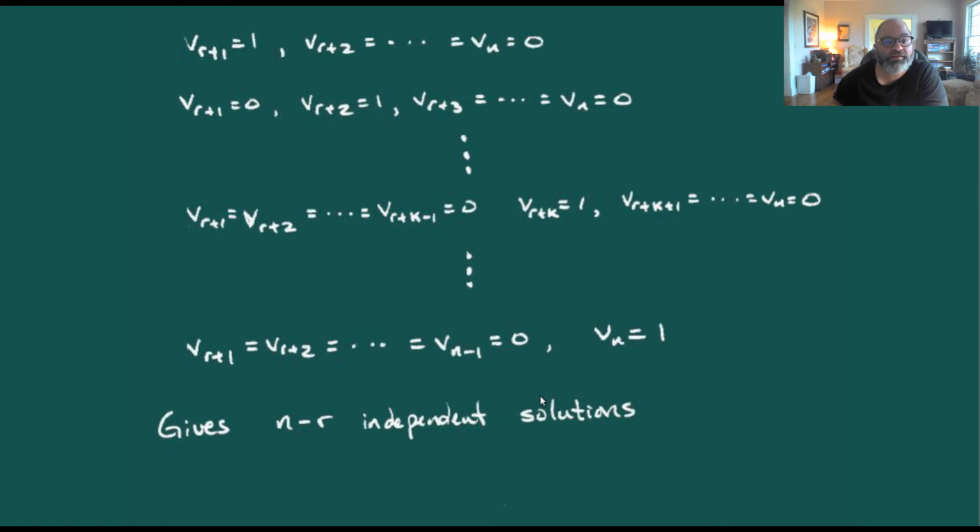If we take v sub r plus 1 being 1 and everything else 0, then v sub r plus 2 being 1 and everything else 0, and so on, making each of those free variables successively 1 and everything else 0, that gives us n minus r independent solutions for those equations.